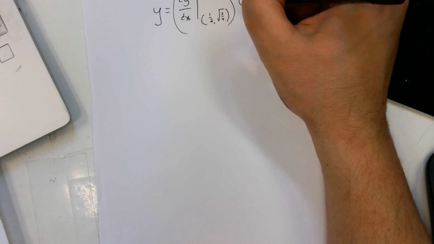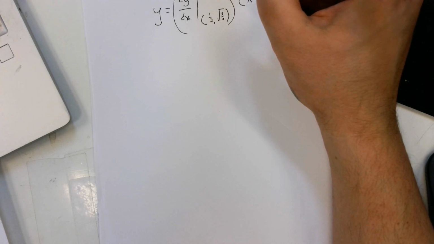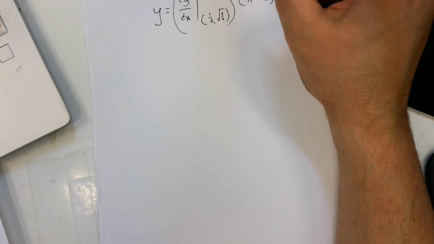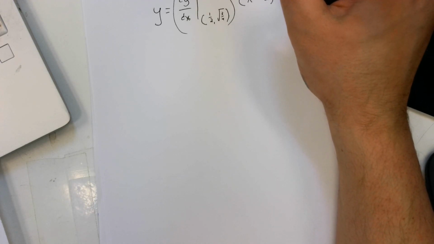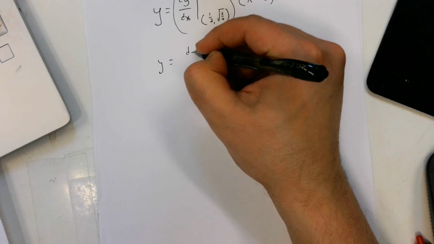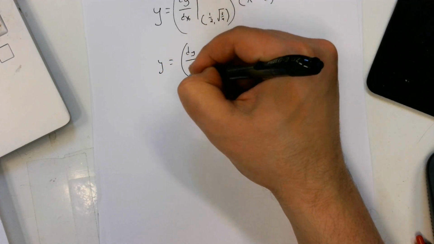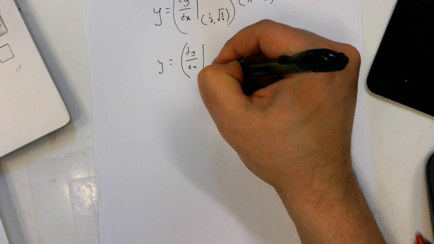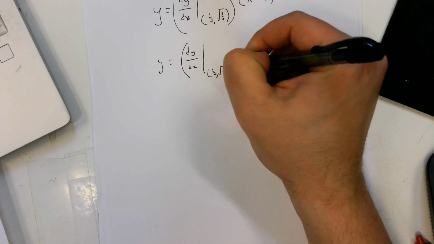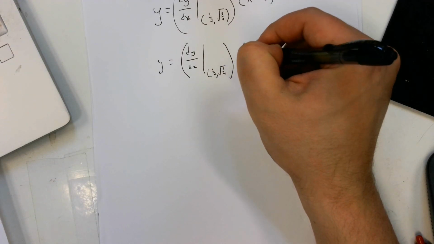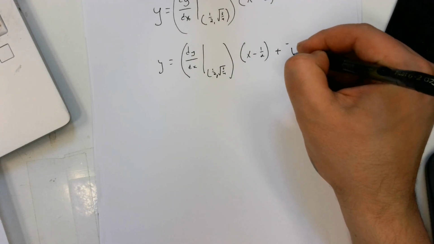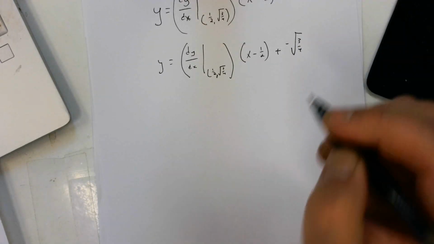Multiply that by x minus 1/2 plus root 3 over 4. And I'm going to have y equals dy dx evaluated at 1/2, negative root 3 over 4, times x minus 1/2, plus negative square root 3 over 4.